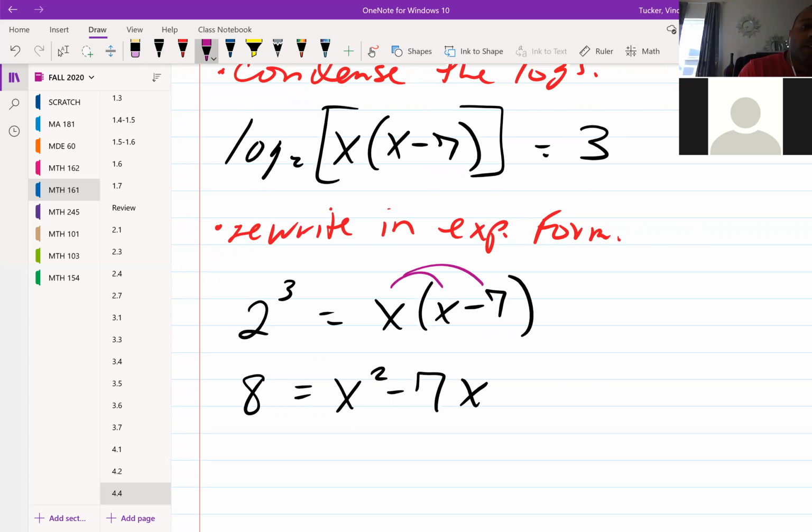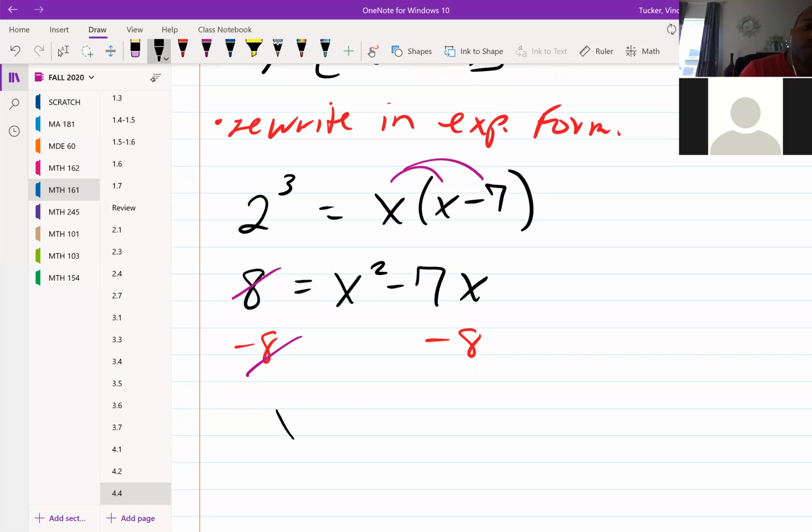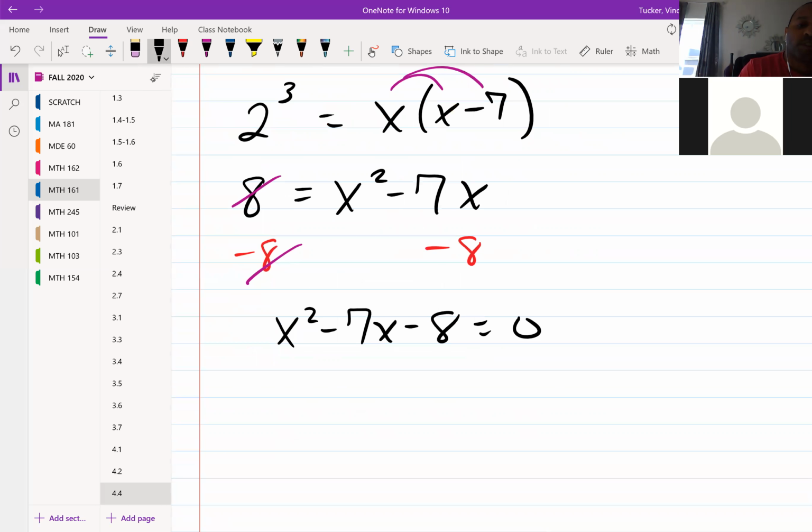All right, now set one side equal to 0 by subtracting 8. X squared minus 7x minus 8 equal to 0. And we can solve by factoring.